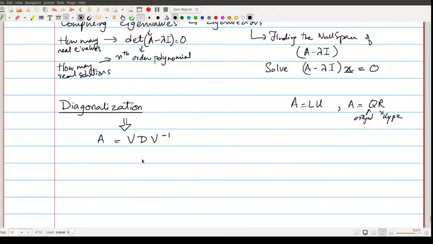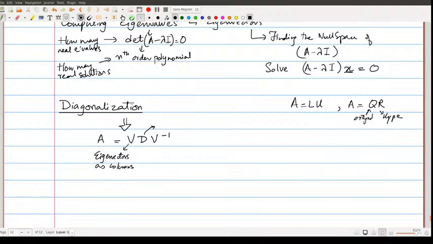There's lots of ways of writing it, but some write it as U or X. I think in the book it's written as X lambda X inverse, and that's just fine. The idea is that these are three matrices which this A is being broken down into, and I've given it the name of V because this matrix V contains the eigenvectors as columns, right?